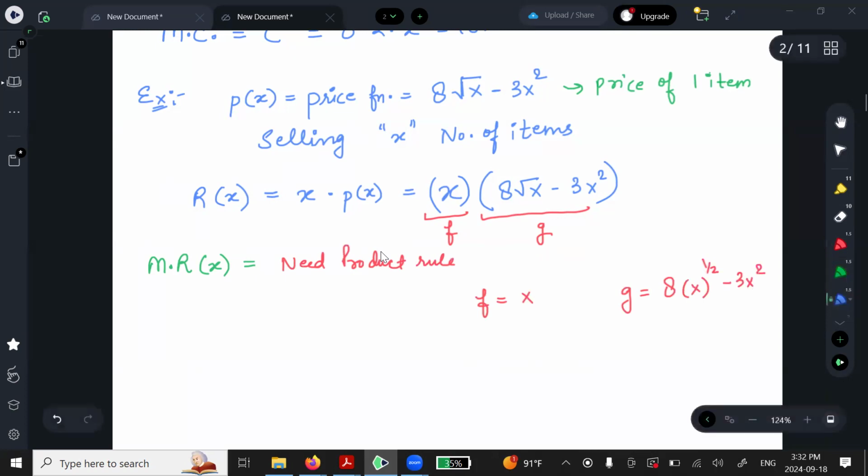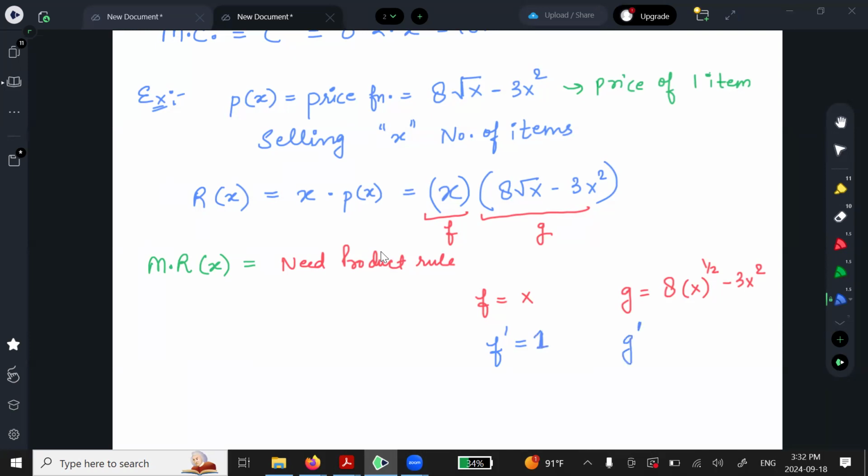Good? What is F prime? What is the derivative of x? Just one, right? What is G prime? Good.